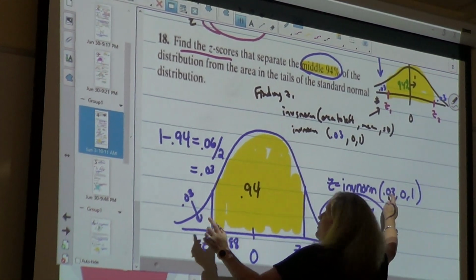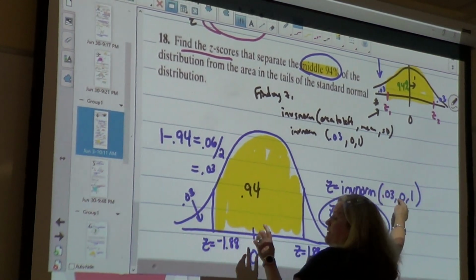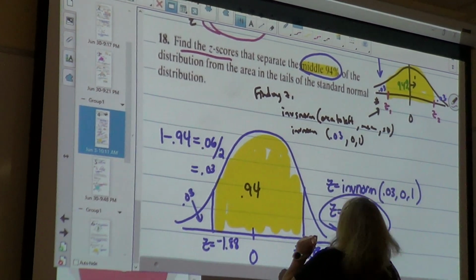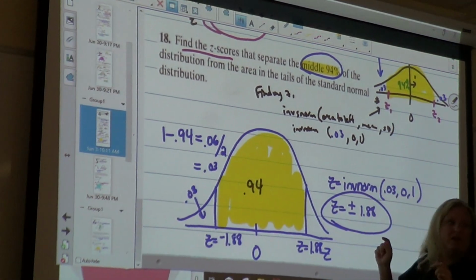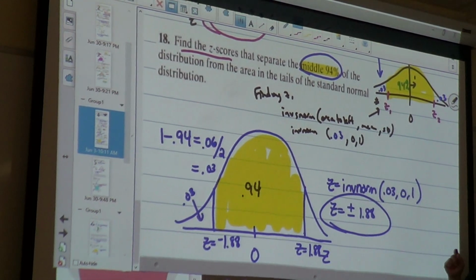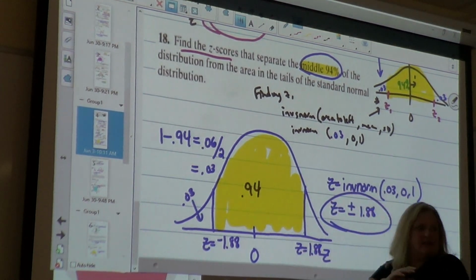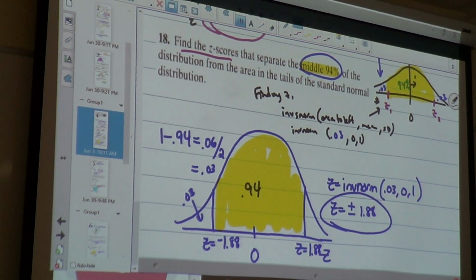So the inverse norm of the shading to the left, comma, my mean, comma, my standard deviation gave me a z-score of plus or minus 1.88. Because I had to have a z-score on this side, and I had to have a z-score on this side. It's symmetric.